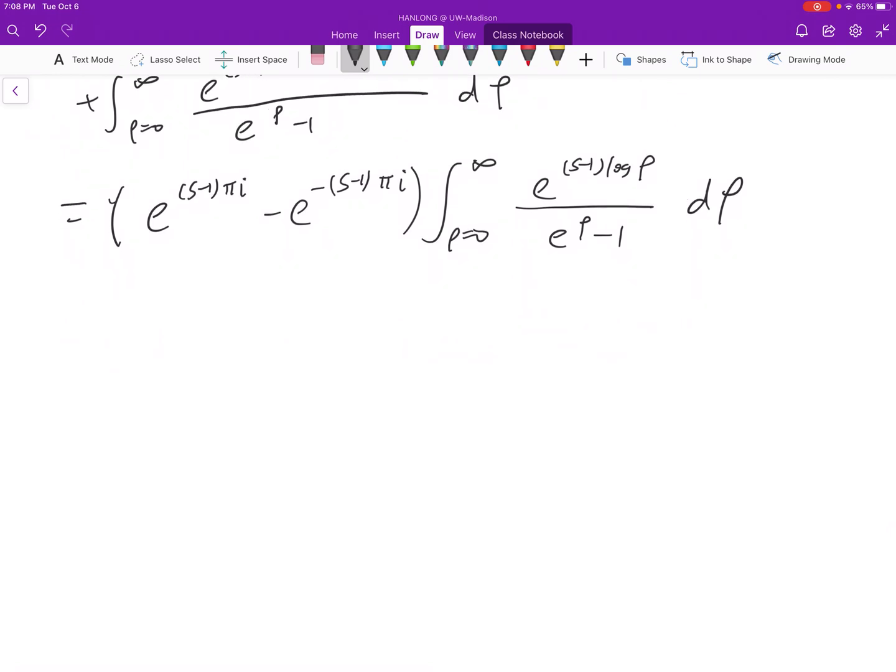And this is the same as negative 2i sine pi s times gamma s zeta s.